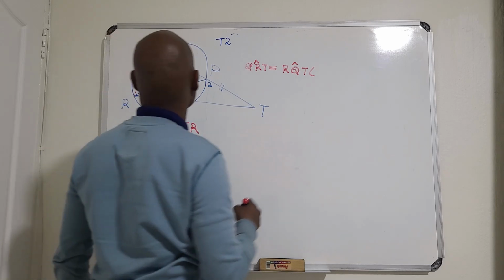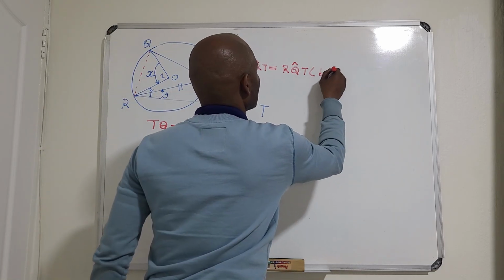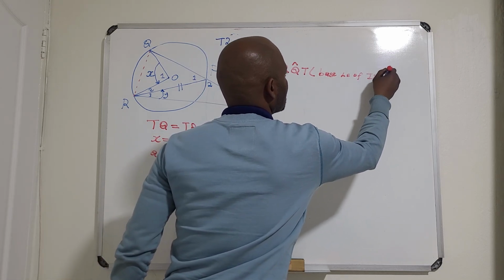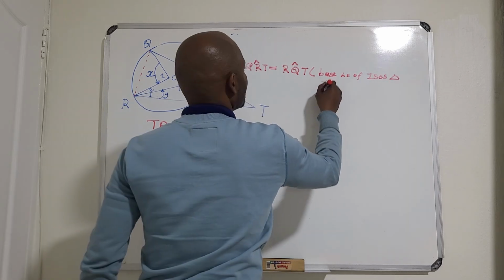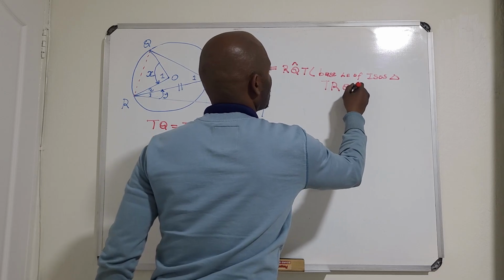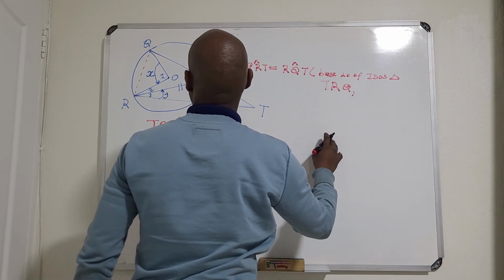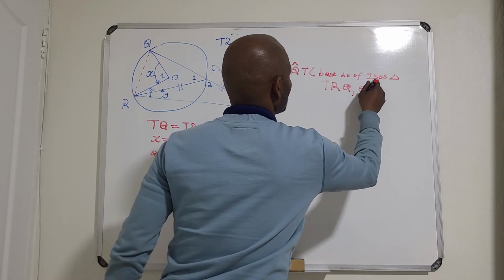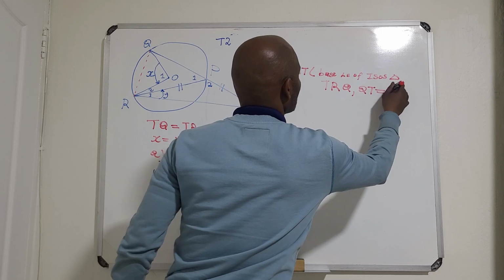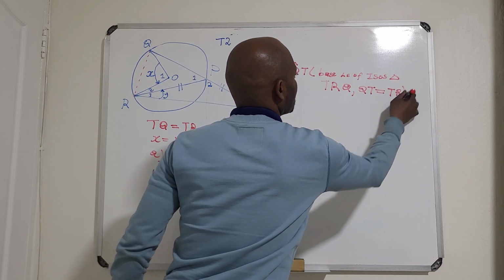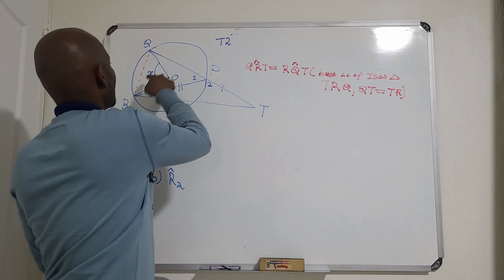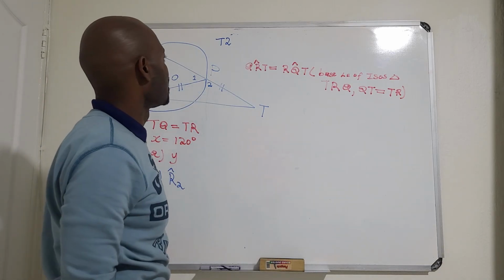We know base angles of isosceles triangle TRQ. Why are they base angles? Because QT is equal to TR. There's my reason that this angle is equal to that angle.